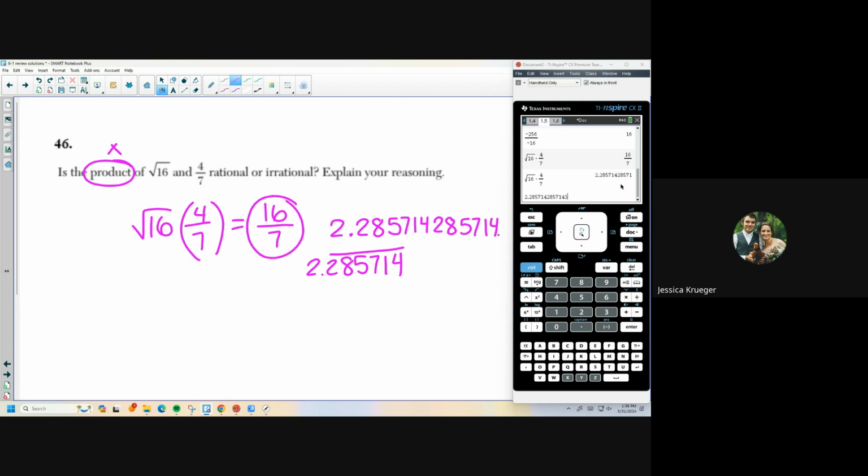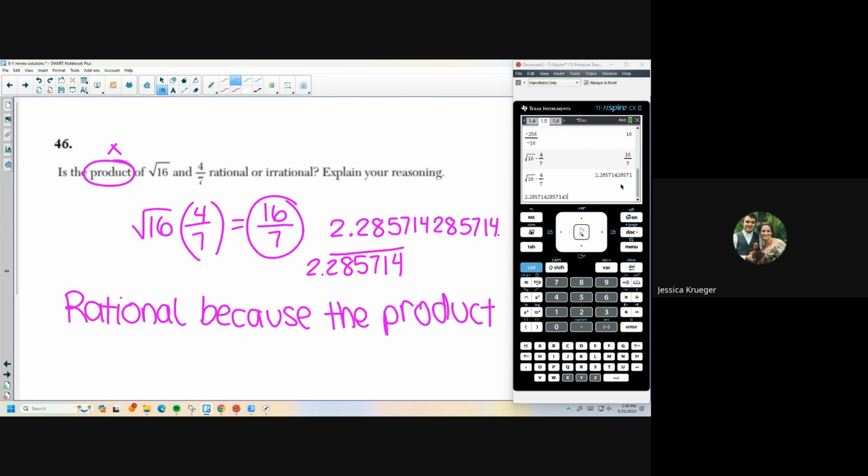If the result is spit out as a fraction in your calculator, it is rational. So in this case, I would say it's rational because the product is a fraction. And as long as it's a fraction where the top and the bottom are whole numbers, it's a rational number.